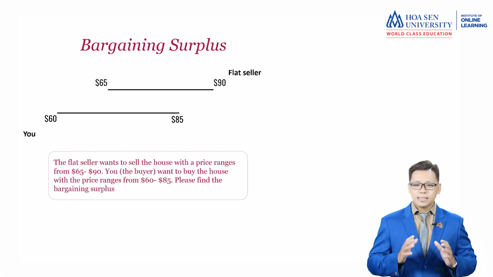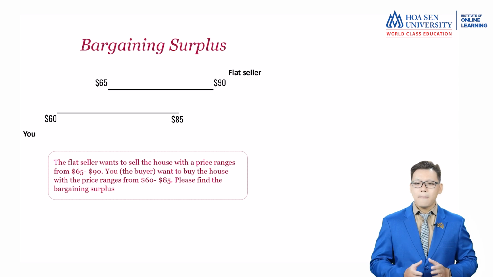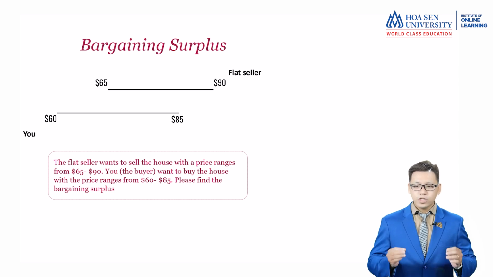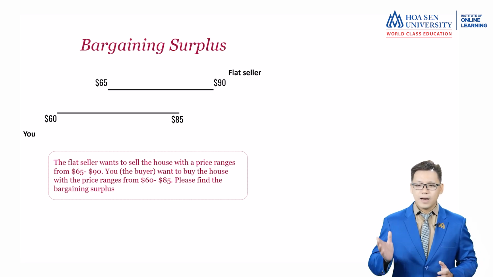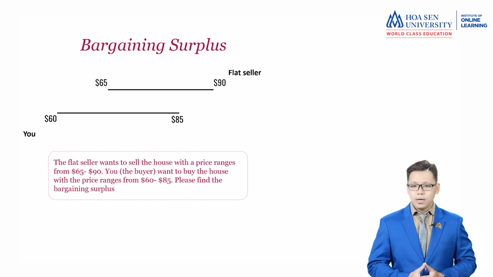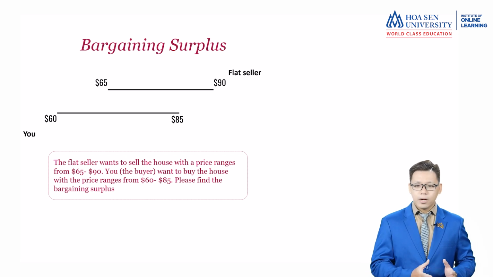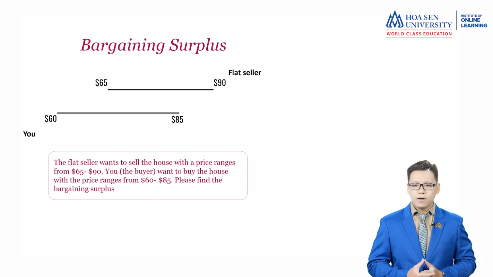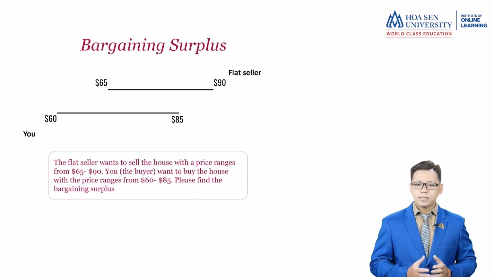Now, let's dive into the concept of bargaining surplus, which is the amount between 2 reservation points. For example, here we have a flat seller and a buyer, you. The seller is willing to sell the flat for anywhere between $65 to $90.